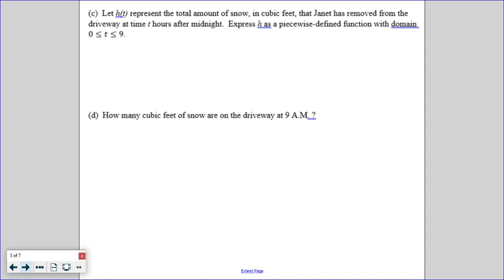Okay, and then this next one's a little bit hard to wrap our mind around, but it says let h of t represent the total amount of snow she has removed. When the rate of removal is g of t, very generically speaking, h of t would be the integral of g of t, but it's a little bit different as you look at each of the different parts because of the piecewise nature of g of t.